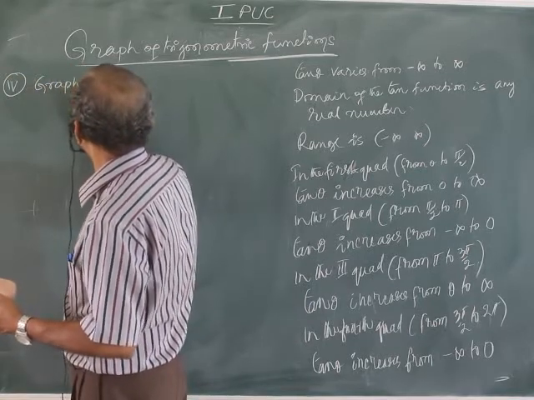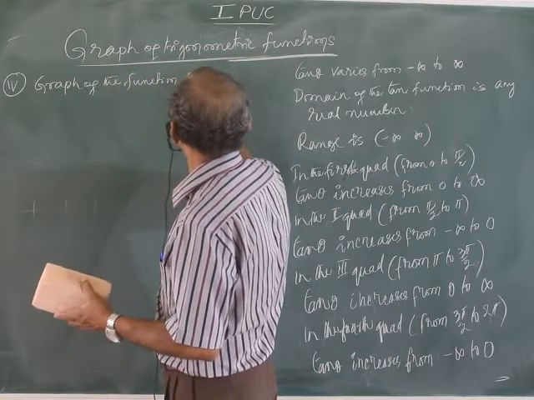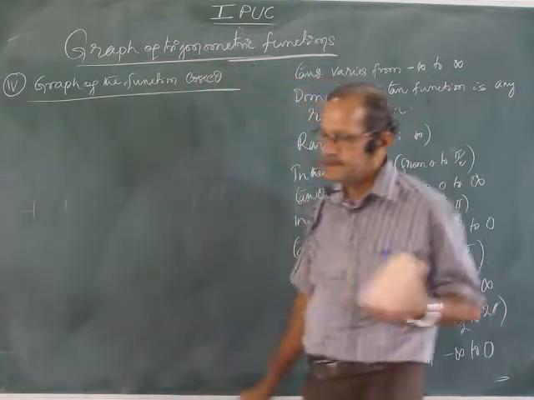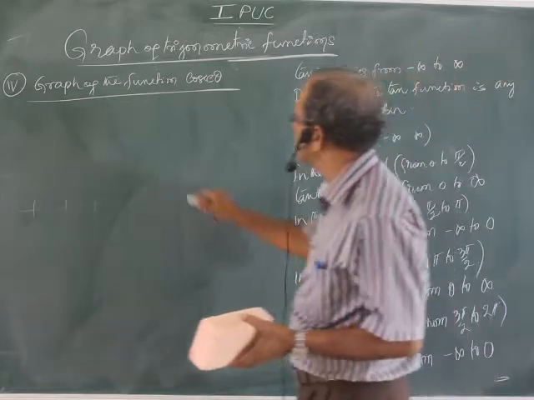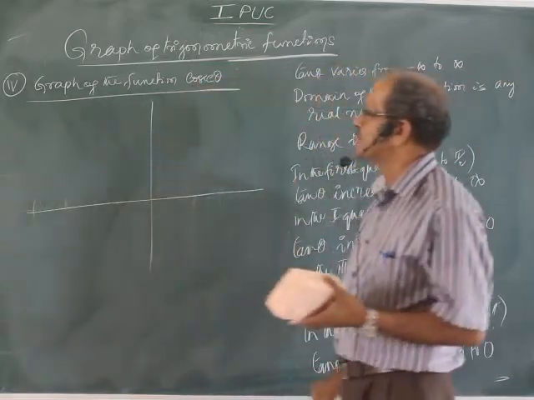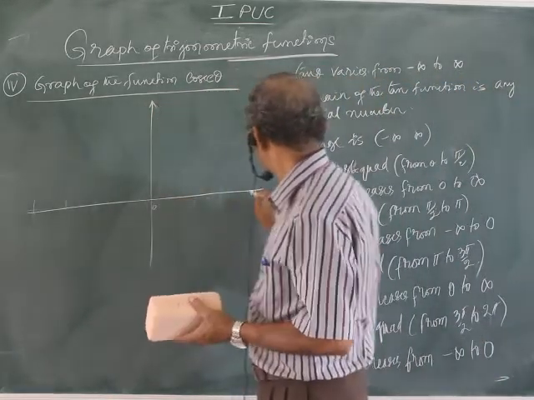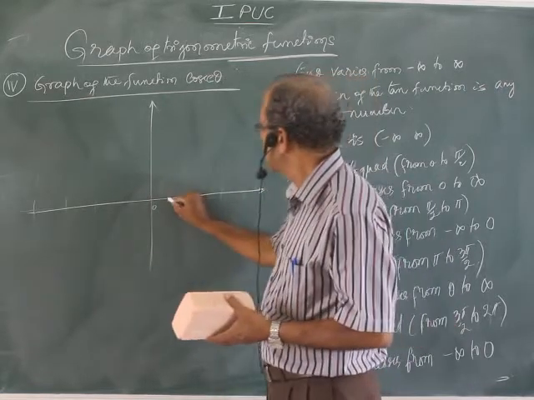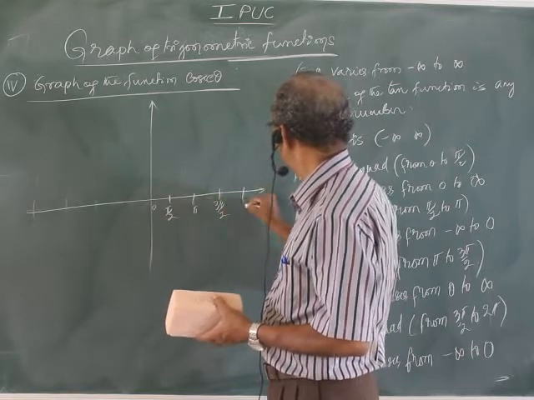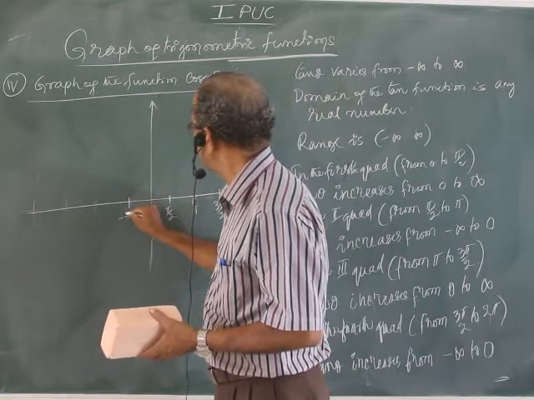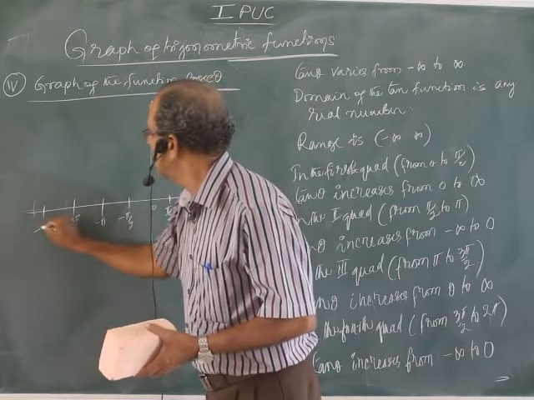Graph of the function cosecant theta, with marks at pi by 2, pi, 3 pi by 2, 2 pi, minus pi by 2, minus pi, minus 3 pi by 2, minus 2 pi.